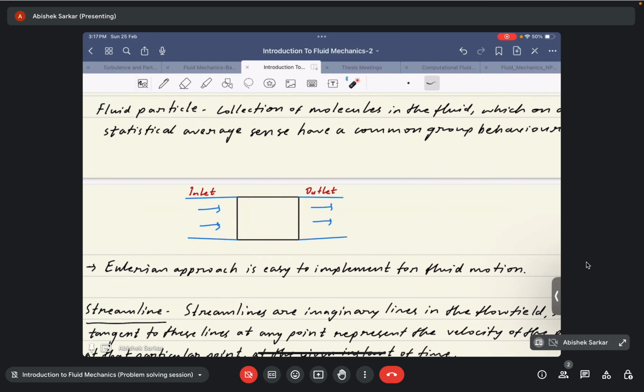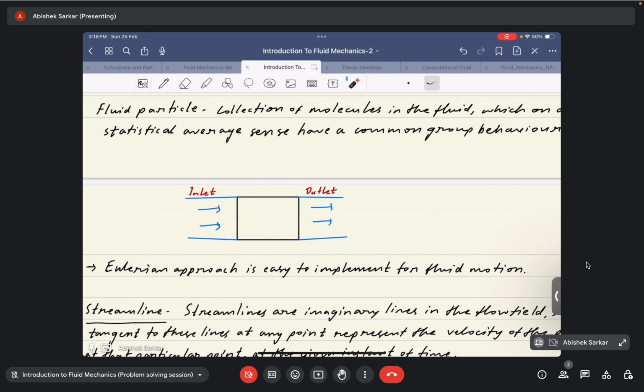It might also happen that the duct is being heated from its periphery or from its boundaries, which may also affect the fluid flow, right? So nevertheless, according to the Lagrangian approach of the fluid flow, it is these individual particles that interact with this duct and hence create changes in the flow parameters accordingly.